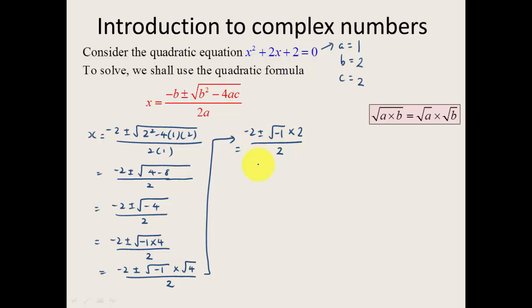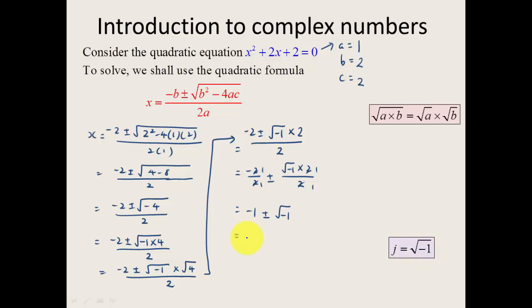Now I can separate out this fraction into minus 2 over 2 plus or minus the square root of negative 1 times 2 over 2. And the fractions will simplify to give me negative 1 plus or minus the square root of negative 1. At this point, I'd like to introduce you to j, where j is the square root of negative 1.